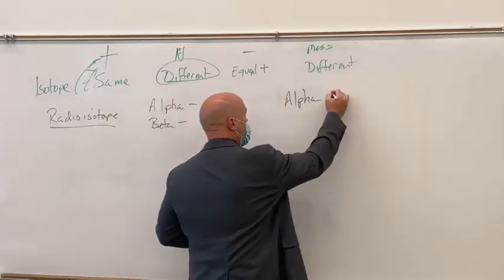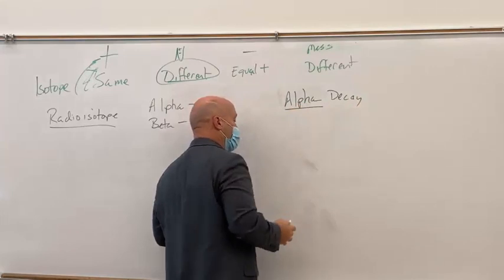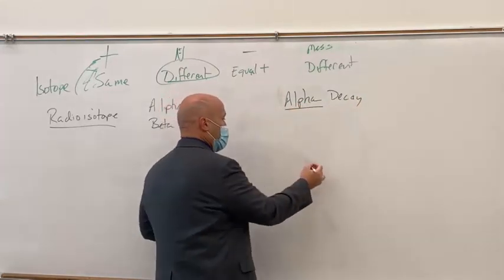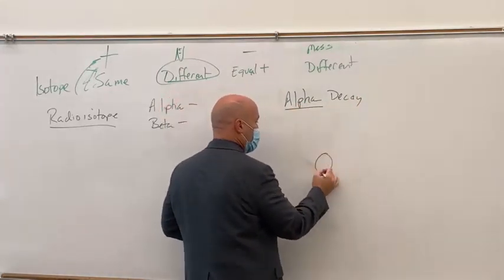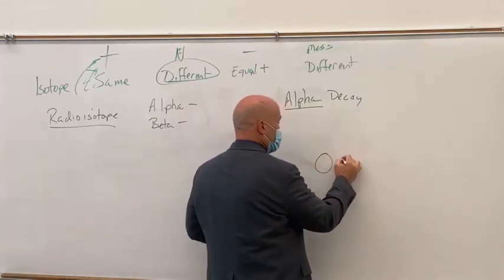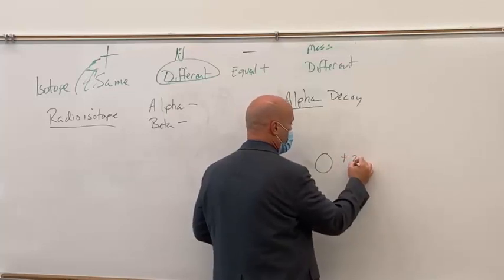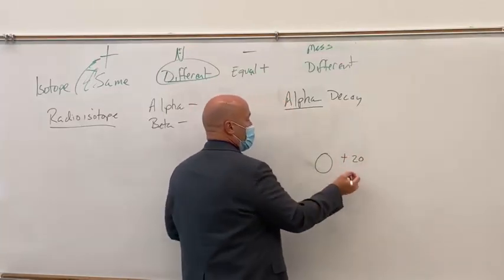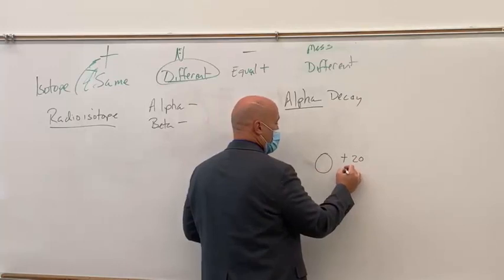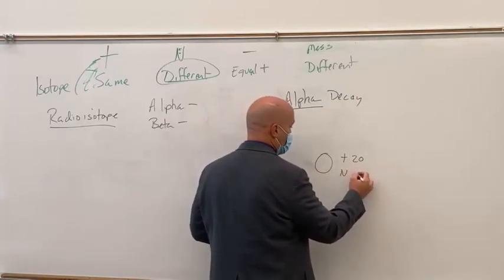And through alpha decay, what we have is emission of an alpha particle. Okay? So you got an atom, let's say, and we're just going to make up numbers here. Let's say we've got 20 protons. Okay? So we've got 20 protons, and let's say number of neutrons is also 20.